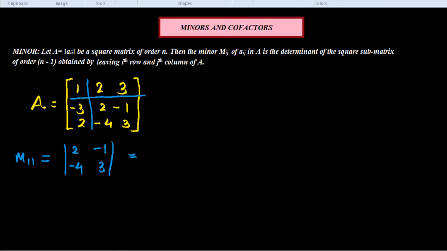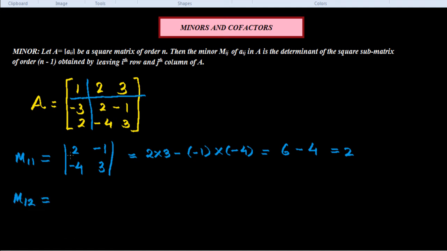The main diagonal, we multiply 2 into 3, and from this we subtract the off diagonal, minus 1 into minus 4. So we get 6 minus 4, which is 2.